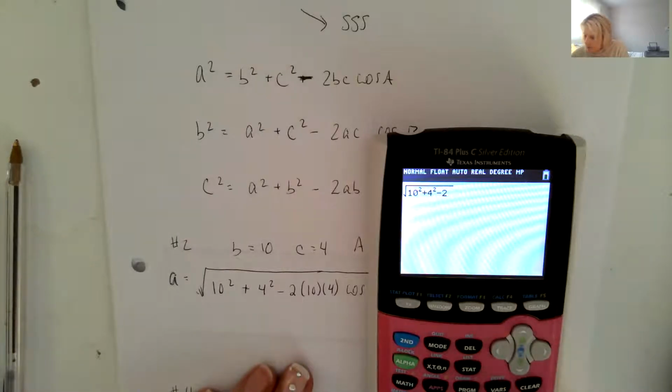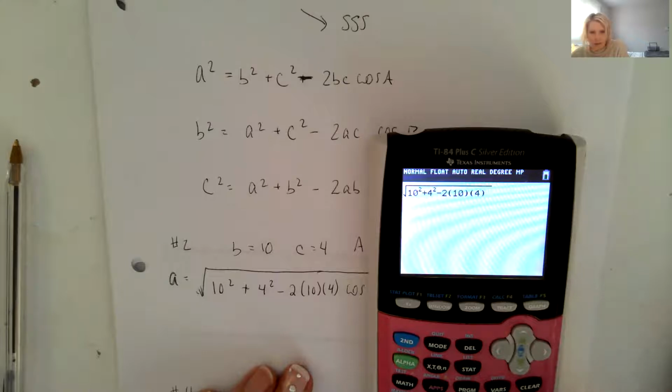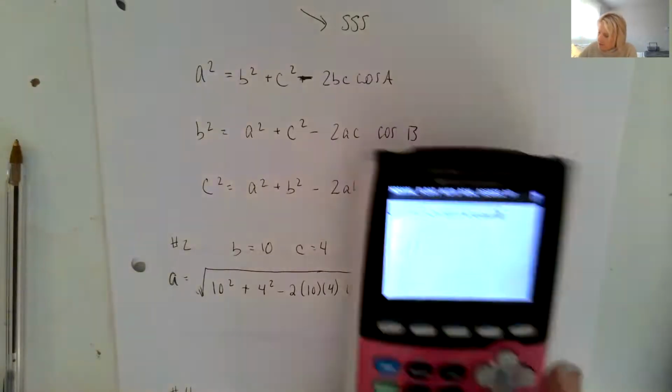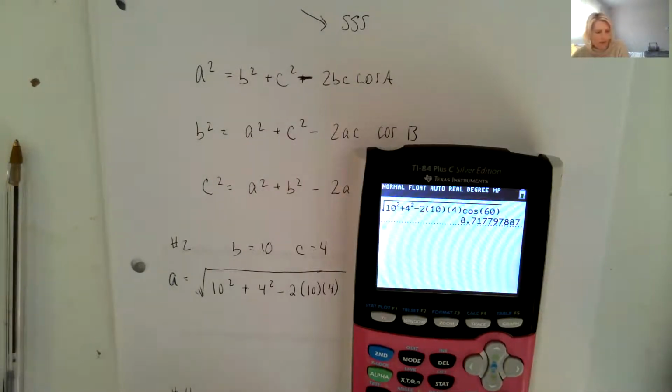So minus 2 parentheses 10, parentheses 4, and then the cosine of 60. Make sure you're in degree mode.